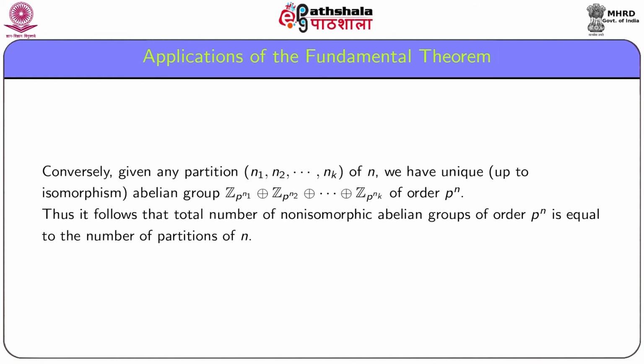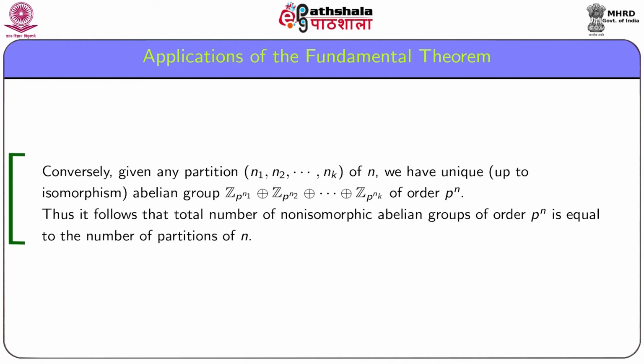Now, we show that conversely, every partition of n yields a set of elementary divisors of a group of order p to the power n. Suppose n1, n2, nk is a partition of n.